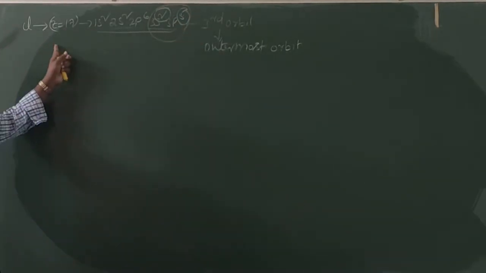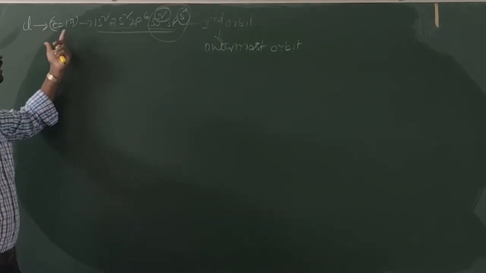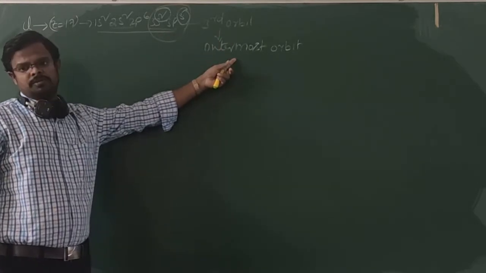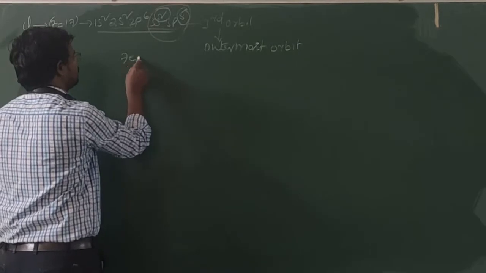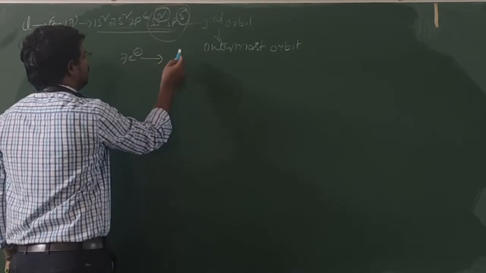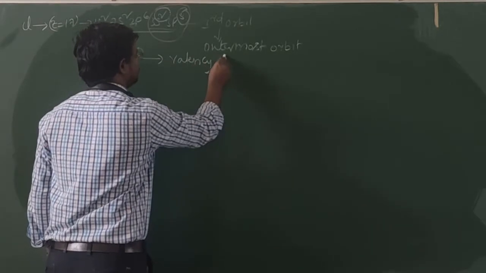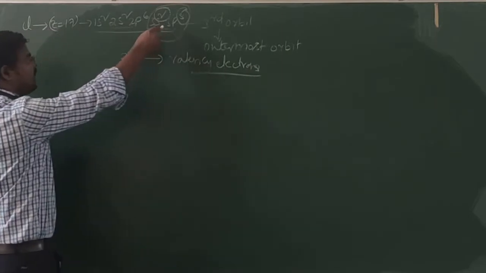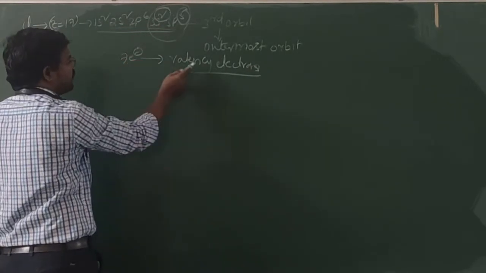These 7 electrons belong to chlorine and are present in the third orbit, which is the outermost orbit. So these 7 electrons we call valency electrons. The electrons present in the higher energy orbit, that means the higher n orbit, we call valency electrons.